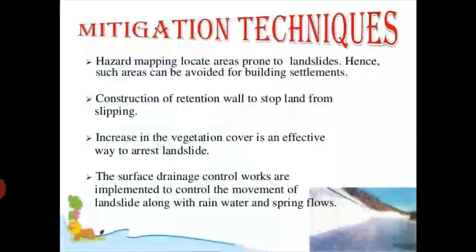Due to mapping of hazard, through geographical information system or remote sensing technique, we are able to identify those areas in the hilly region in which the destruction of landslide is maximum. So in order to prevent the destruction of landslides, we can take certain preventive measures in those areas.